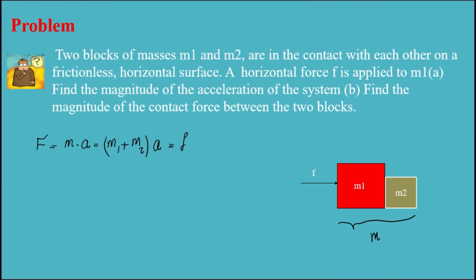My answer for part A is F equals a times m1 plus m2. To find the acceleration, a equals F divided by m1 plus m2. That's my total acceleration.